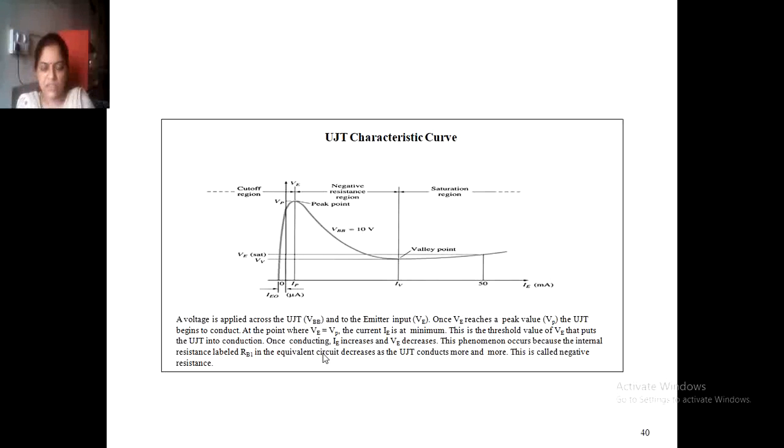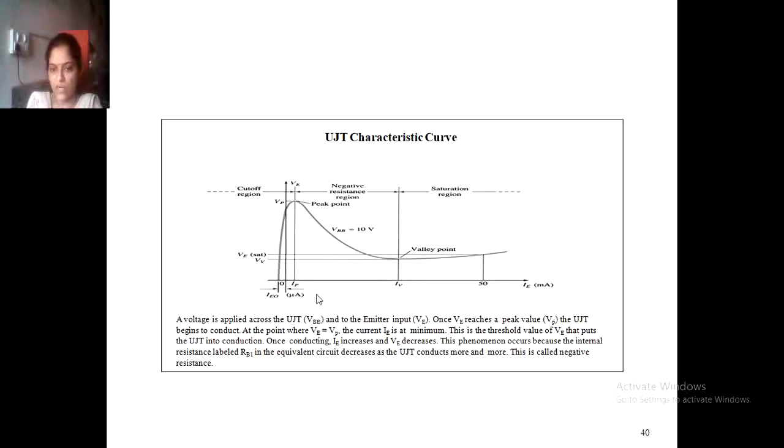Once conducting, IE increases and VE decreases. This phenomenon occurs because the internal resistance labeled RB1 in the equivalent circuit decreases as the UJT conducts more and more.